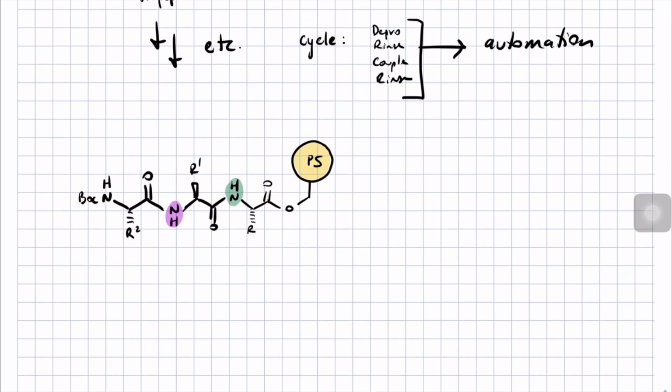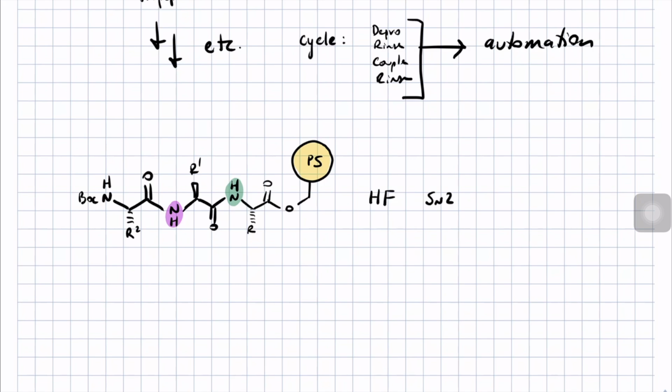It turns out that the way to release the peptide from Merrifield's resin requires hydrofluoric acid, HF. Now, HF isn't a very strong acid, and it's thought that this reaction works basically by an SN2 reaction.